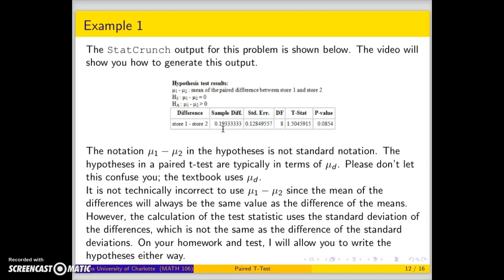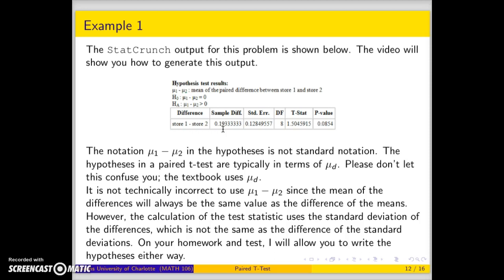And the notation in StatCrunch, I want to note, is mu1 minus mu2. This is not the standard notation. Mu d is the standard notation, and that's what your textbook uses. In StatCrunch it's not incorrect to use mu1 minus mu2 technically, but the calculation for the test statistic uses the standard deviation of the differences, which is not the same as just subtracting the standard deviations for each set of pairs.